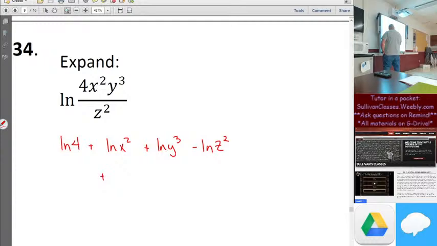Exponents are coefficients. 2 ln of x plus 3 ln of y minus 2 ln of z. And if you just drop this ln of 4, you're wrong. This was one of our rut row watch out for this in that chapter.